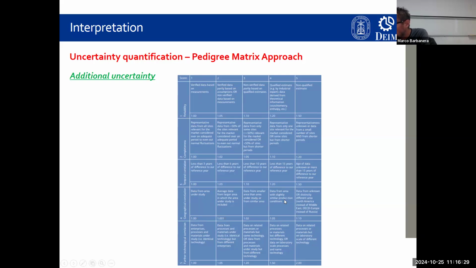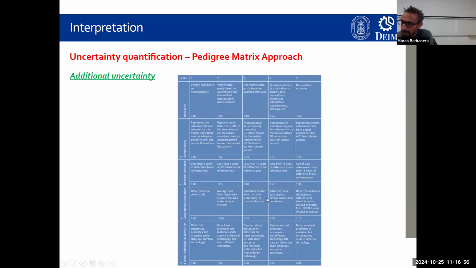Instead, for example, if the data was obtained in the database from an area with slightly similar production conditions, in this case, the quality is not very good, and the square standard deviation is equal to 1.05.